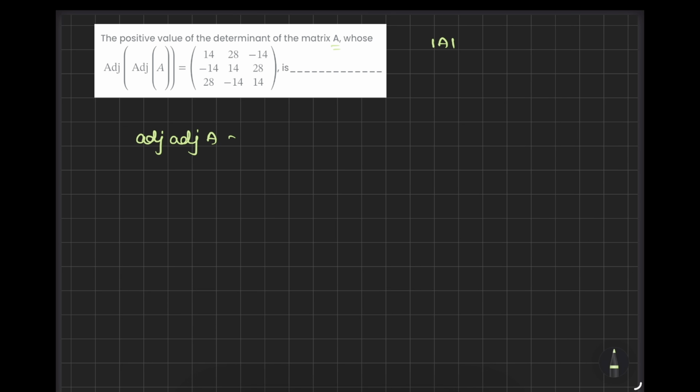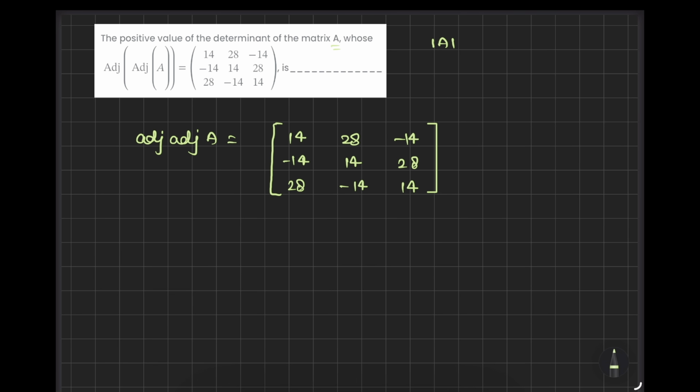Adjoint of adjoint A equals, this is a matrix, so it is 14, 28, 14, minus 14, 14, 28, 28, minus 14, 14. Now what I will do, I will take determinant both sides.